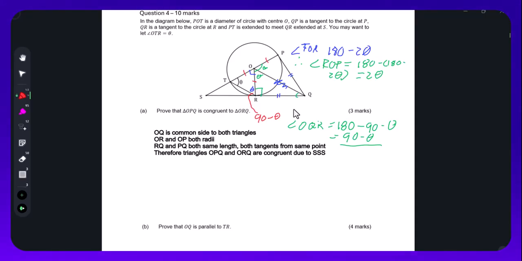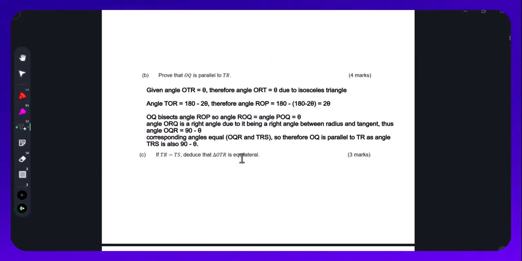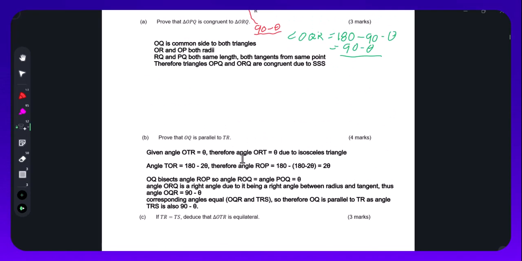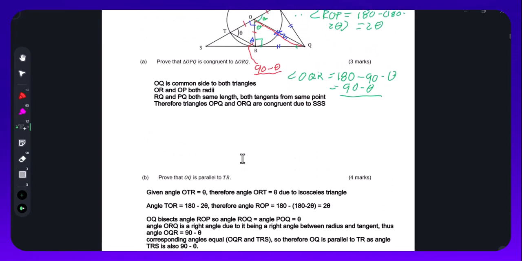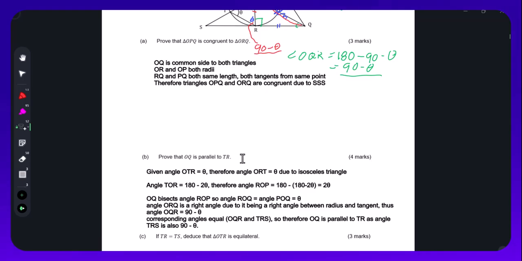Therefore, we know that they are both the same angle. If these are the same angles, that means that these two lines are parallel. This line here and this line there are going to be parallel. So there's that one done. I'll just pause and do proper writing. And that's pretty much it. That's how I would have described largely what I've done.